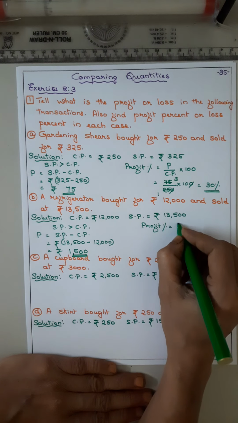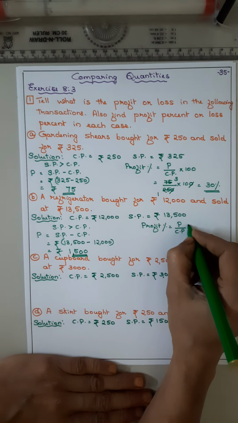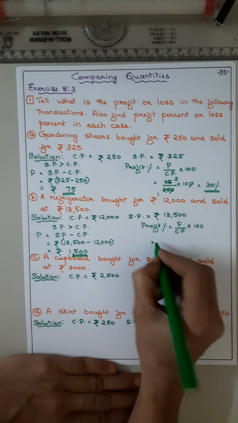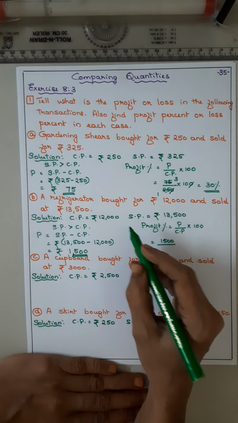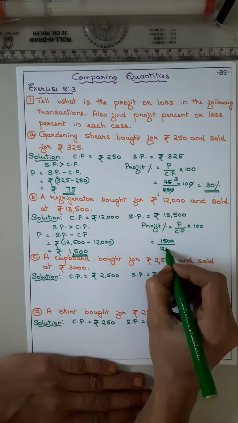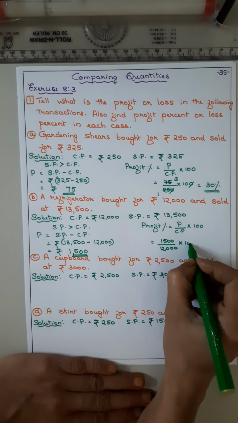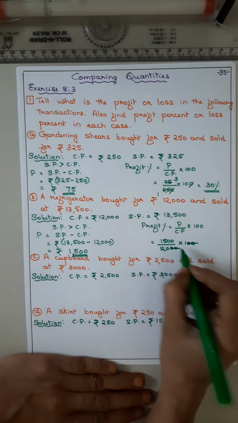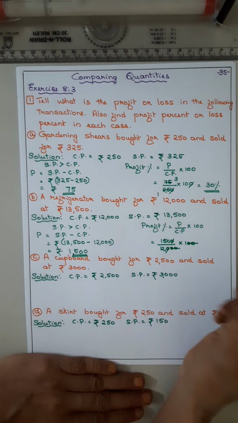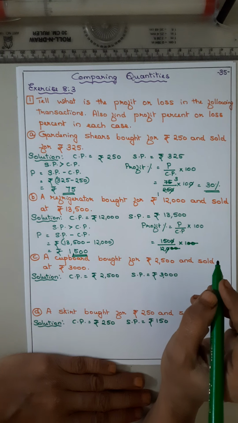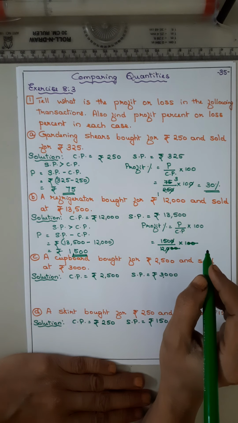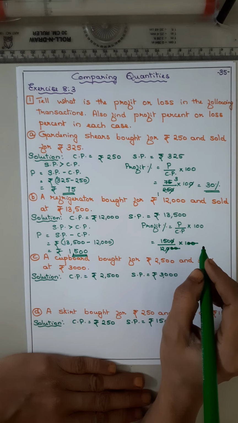What is the formula? Profit upon CP into 100. So write 1,500 upon CP, how much? 12,000 into 100. 20, 20 cut. 10, 10 cut. Now 12 and 15, which table will they come in? It is 12 and 15, so it is in the table of 3.